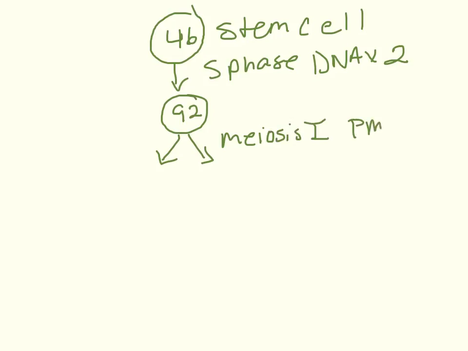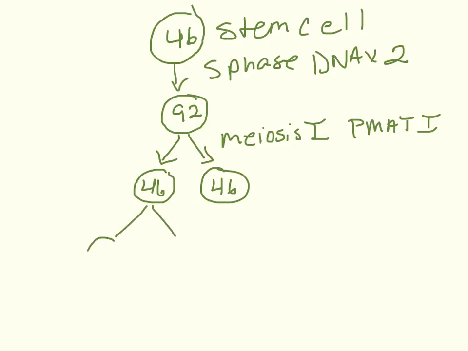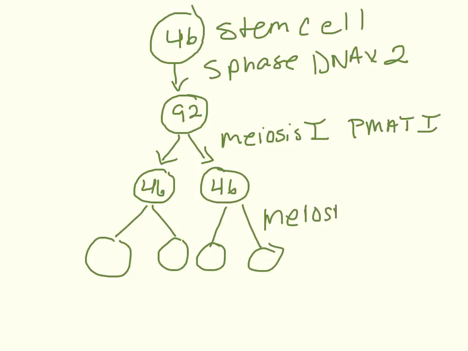So PMAT, prophase, metaphase, anaphase, telophase 1, and we get 2 cells, each with 46. Then each of those go through meiosis 2, PMAT again. And then we end up with our 23.